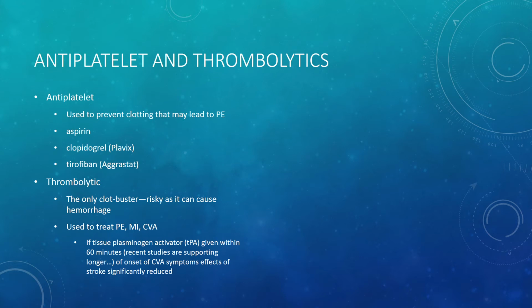So if we have a clot that develops somewhere in the body, it could travel and become lodged in the lung, creating a pulmonary emboli. This is going to include aspirin, clopidogrel, which is Plavix, and tirofiban, which is Aggrastat. These are going to be antiplatelets or antiplatelet aggregates.